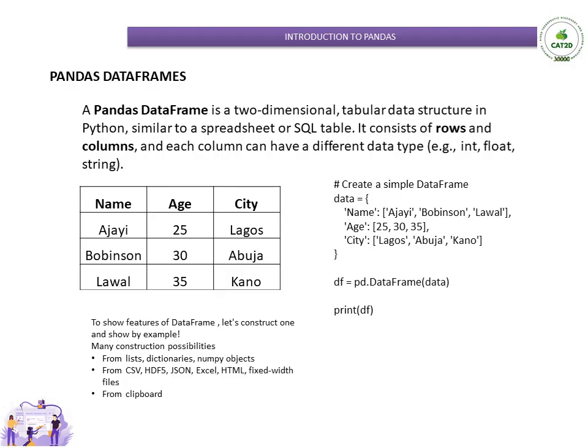If we were considering one name, it would have been name, colon, quotation, Ajayi. But in this case, we have three names: Ajayi, Bobinson, and Lawal. So Ajayi, Bobinson, and Lawal will be in square brackets as an array, as a list, all assigned to the column name. The same thing applies to the age: 25 for Ajayi, 30 for Bobinson, and 35 for Lawal. The same thing for city.